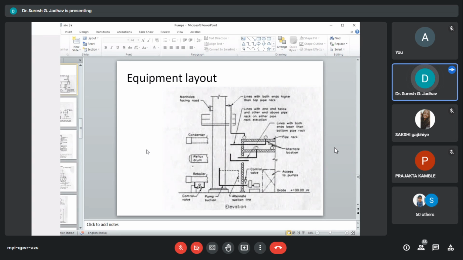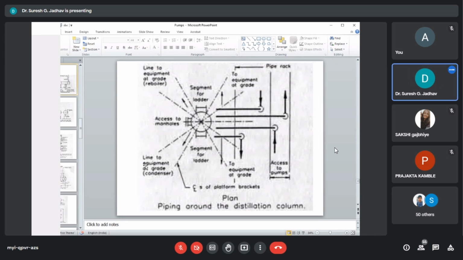And alternate suction lines, pump suction, control valves. Here we can consider the reflux drums, condensers, manholes, the road and reflux drums. This is the overall arrangement, the principal layout of the plants. And through this elevation, we can visualize the view, plan, and elevation.